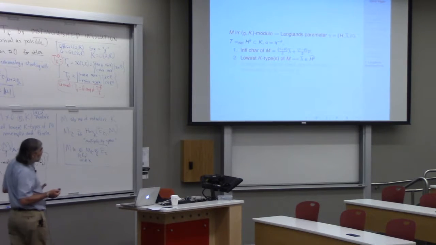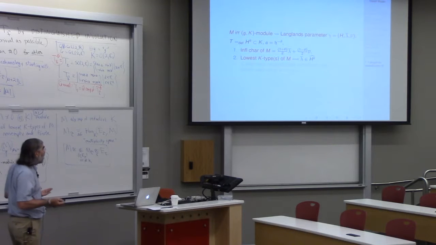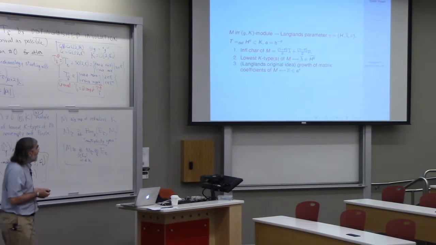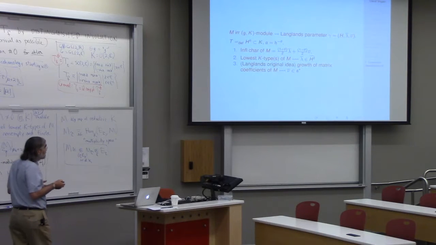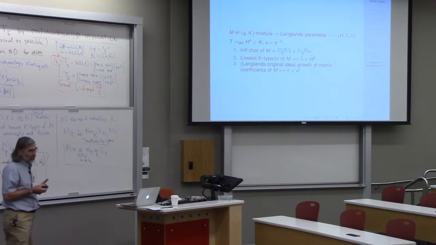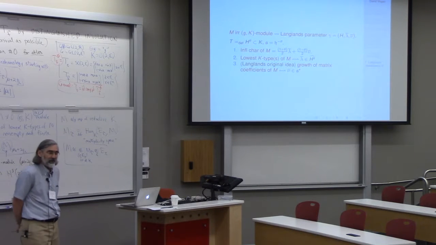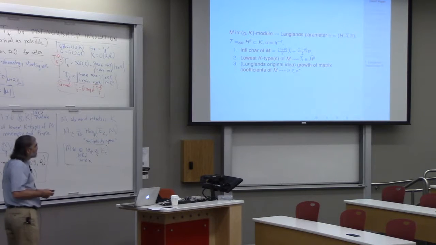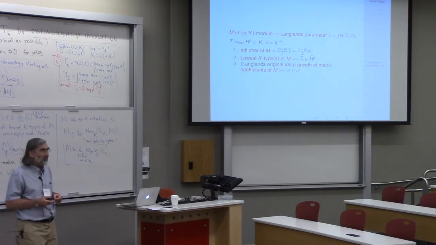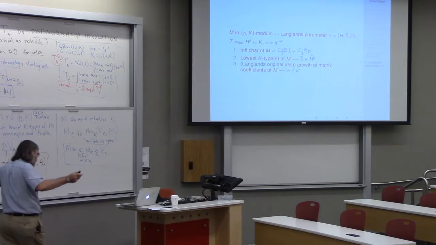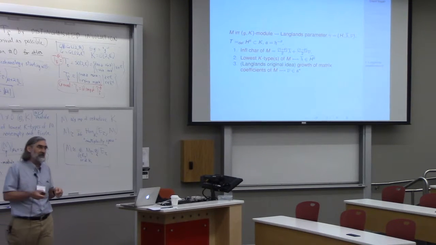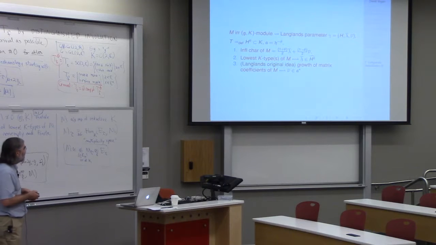The third thing, which I haven't explained at all, but which was Langlands' original idea, is about the matrix coefficients. I wrote M, but really I should say the corresponding representation of G(R), which has matrix coefficients, and the group is infinite. You can look at how fast the matrix coefficients go to infinity.